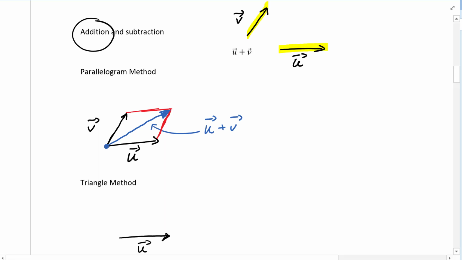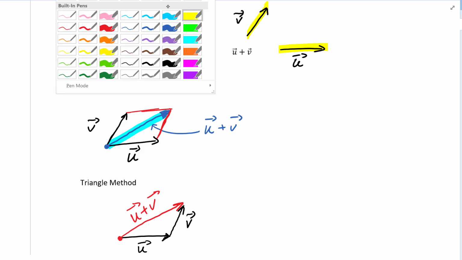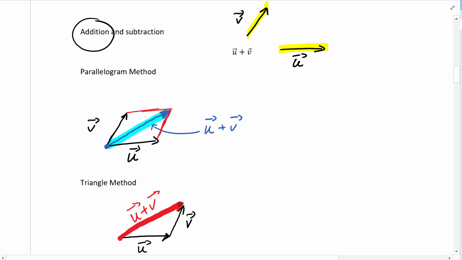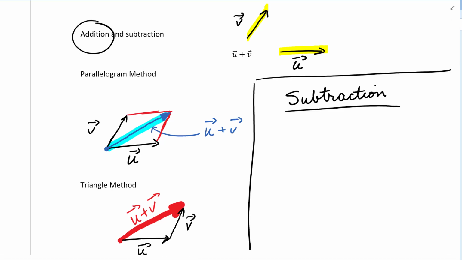And then we draw V with the tail starting at the head of U. So this would be V. The triangle method says your sum U plus V is the side of the triangle that starts at the beginning of U and ends at the end of V. And if we compare it with the one from before, we see that they have the same direction, they have the same magnitude.